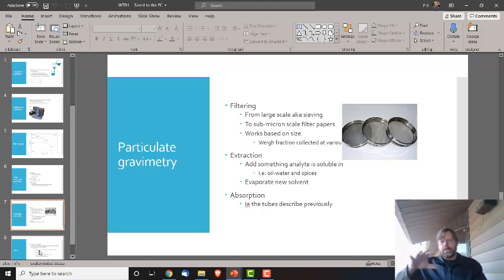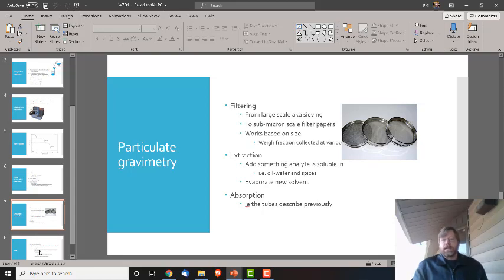You put the coarser ones on top and the finer ones on the bottom. Put your sample in on the top. They get shaken. There are nice machines that do the shaking for you, and the particulate matter goes through until it hits a screen that it collects on. Then you weigh the amount collected at each screen, and you get the size distribution of your sample.